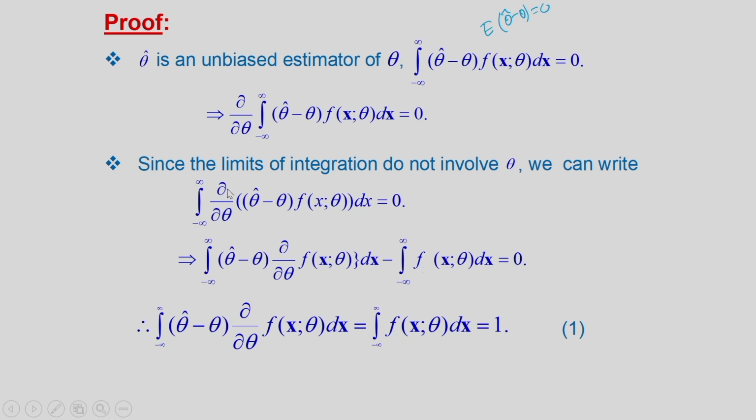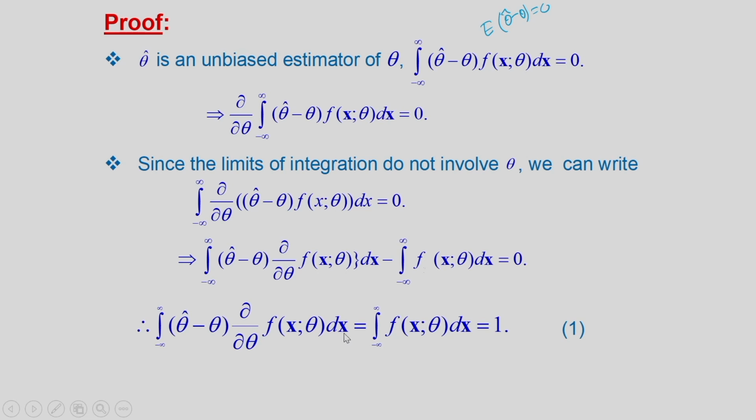This is just applying differentiation. We will take this quantity to the right hand side so that it becomes positive, and also I note that this integration is equal to 1. Therefore, the integration of (theta hat minus theta) times del del theta of f of x, theta dx must be equal to 1.